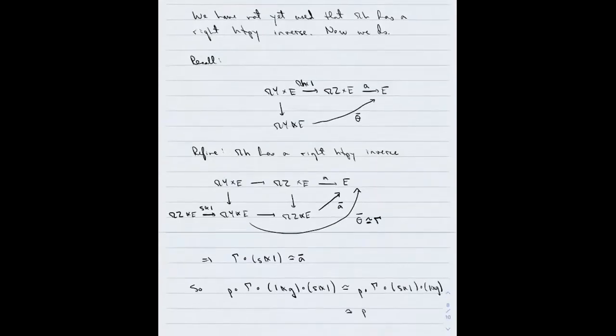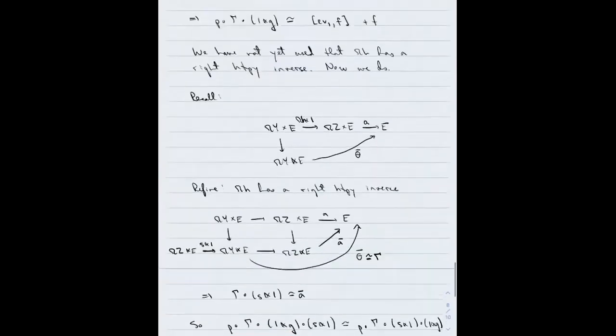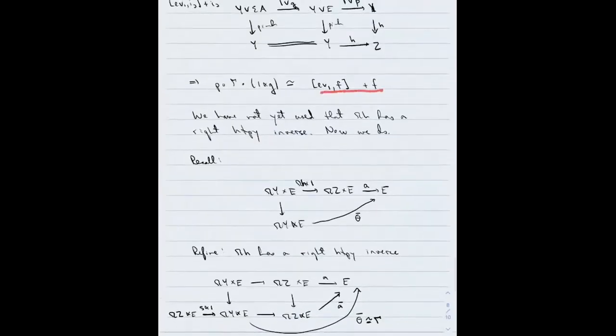And this becomes P composed with the action composed with 1 half smash G. And on the other hand, we saw that the first 3 terms had something to do with a Whitehead product.